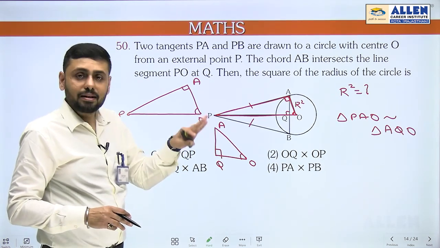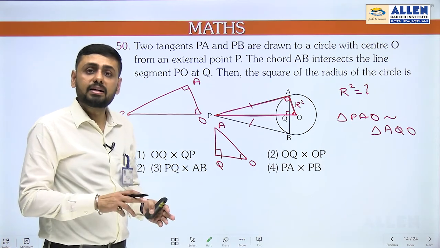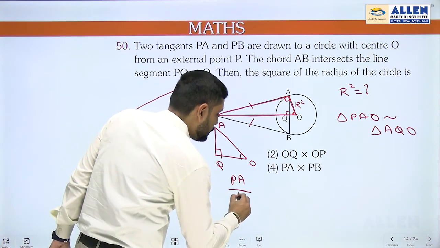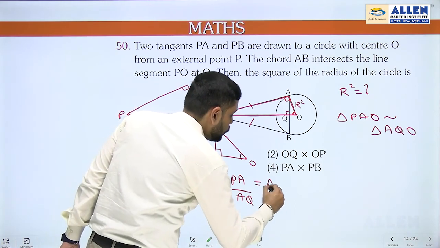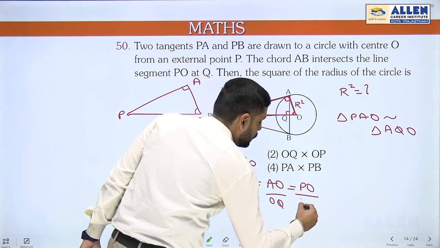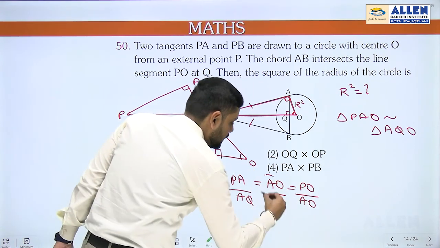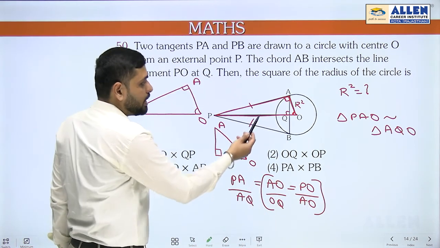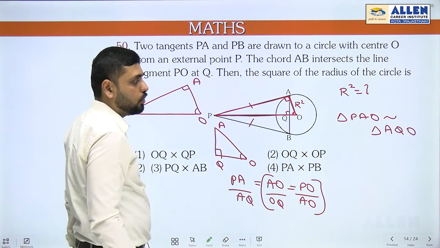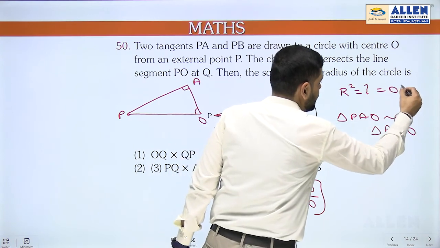Now as the two triangles are similar, we'll apply the property that sides must be in proportion. So PA upon AQ equals AO upon OQ equals PO upon AO. Now we'll take these two equal, because we require the square of the radius, and the radius here is OA.